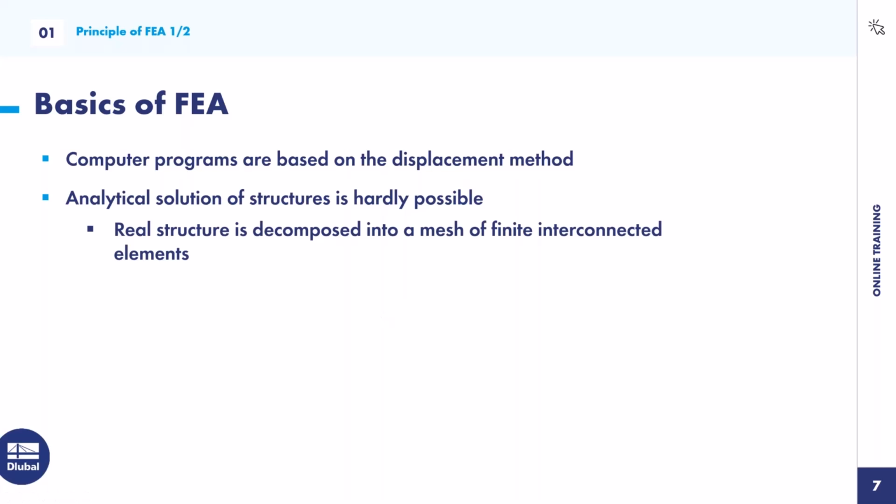So it splits up the model into several squares or triangles, and on each square or triangle it describes the continuum. This means at each border from one element to another element, you have, for example, a displacement in Z direction, and it must be equal. So you have some equations which have to be satisfied.